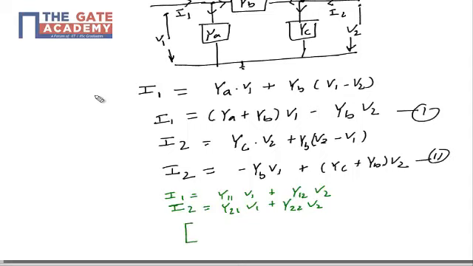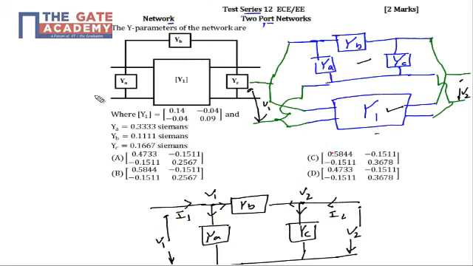You will get the Y parameters of the second network as YA plus YB, minus YB, minus YB, YC plus YB. Let's name this Y double dash. We already know the Y parameters of Y1, which are given in the question itself.